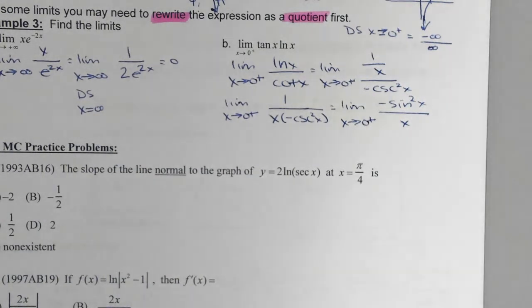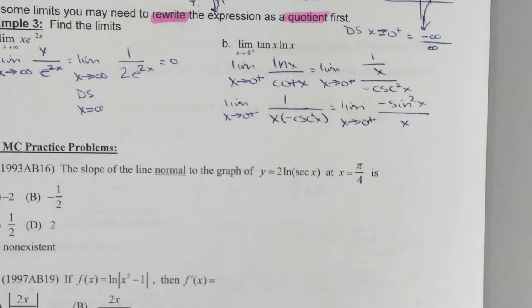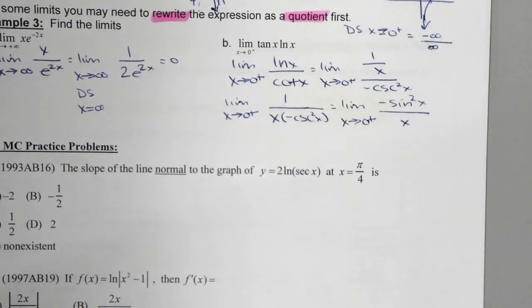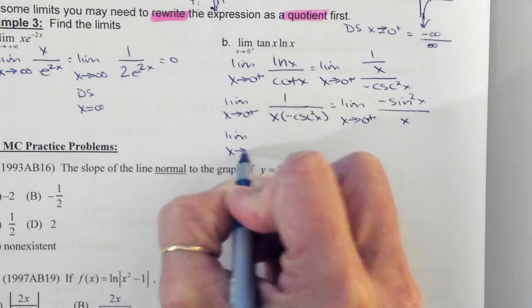So even if I still try to plug in 0 from the right, I have an issue. So what do? I tried direct substitution with values from the right, getting close to 0. It doesn't work. So I try L'Hopital's again. Okay, but we tried direct substitution in between. It doesn't work.